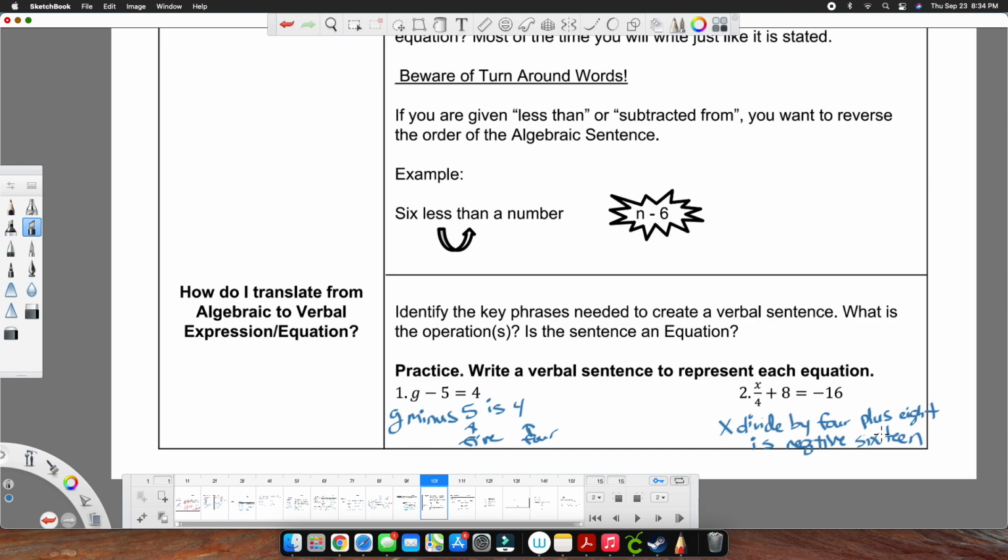No. I could say the quotient of x and 4 increased by 8 is the same as negative 16. So I could switch all of these words up pretty much if I wanted to. This is just kind of the simplest way I can think to say it. It's just x divided by 4 plus 8 is negative 16. So keep in mind, more than one way to solve these ones, or not solve them, but write them out.